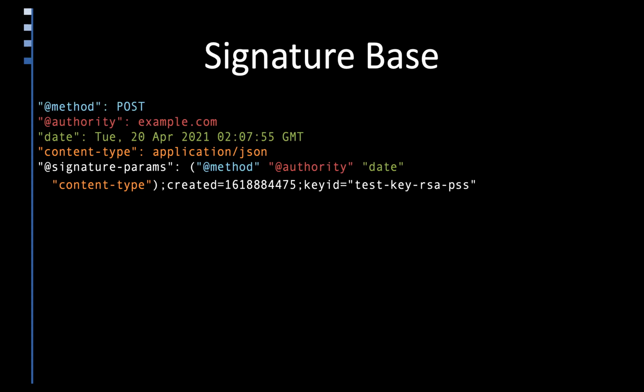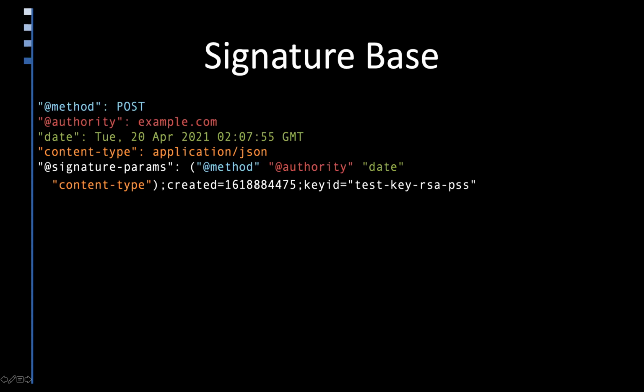This is using the HTTP structured field syntax and the deterministic serialization of that syntax. So we have method to match here, authority to match here, and then our headers, date, and content type. We can put these in any order that we want, but once we pick that order, the order is fixed. We now also have additional parameters that we're sending across with this example.